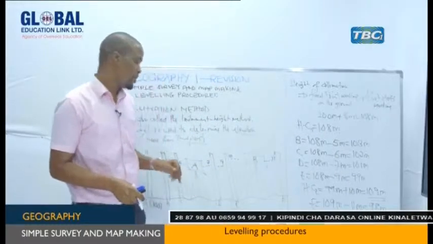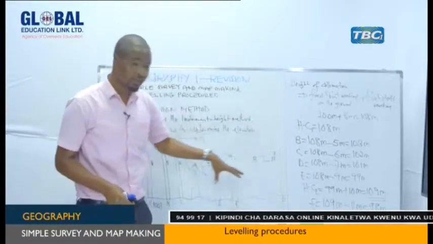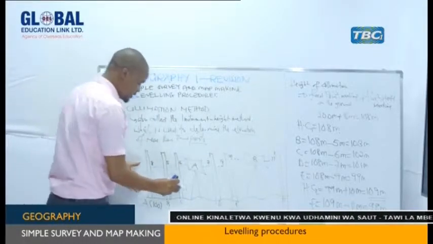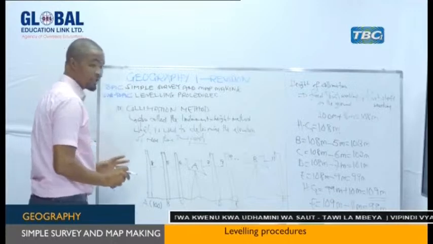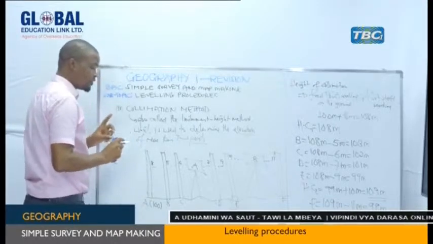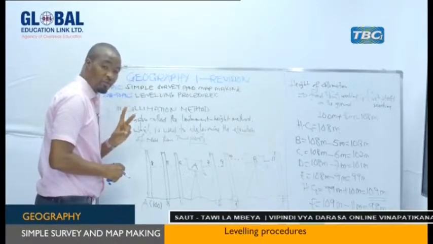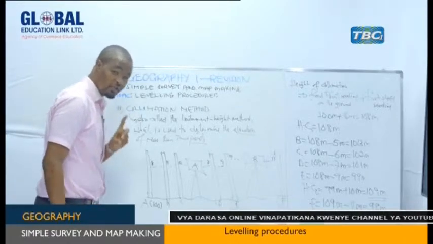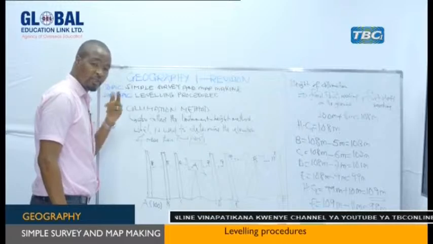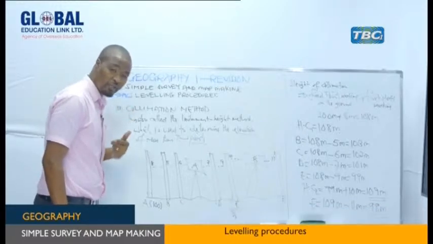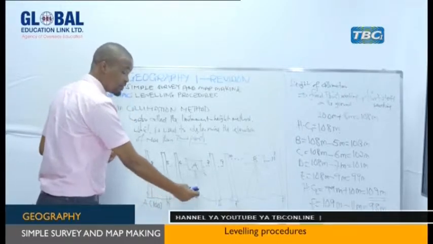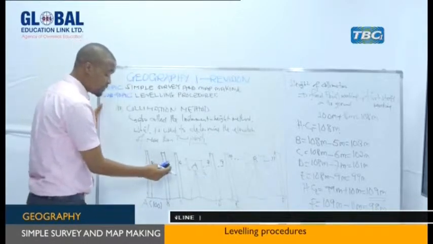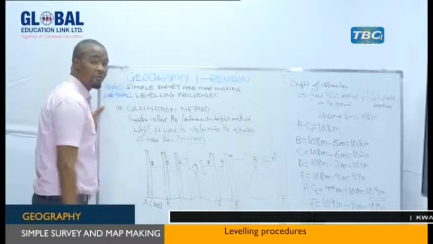Then, by summarizing, in this method of collimation you have to note two important concepts. First, you have to find the height of collimation. Then, after obtaining the height of collimation, to get the reduced level at each leg or station, you have to subtract the staff reading of each point.